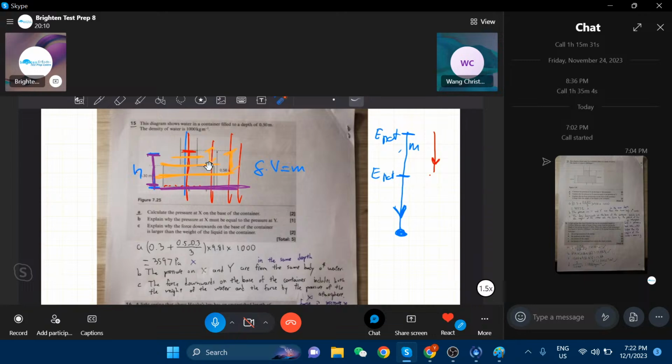Hence, the pressure here will be double compared to here, because the force has doubled, because the height has doubled, and the volume has doubled, but the diameter, the area, is still the same. Hence, the pressure has just doubled as well. Is that okay so far? Yeah.